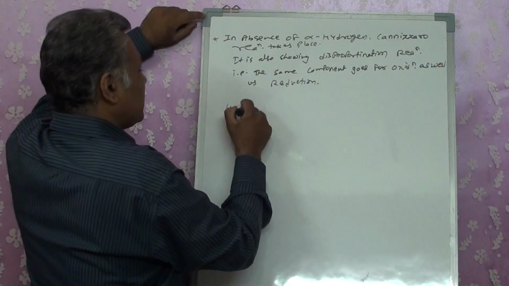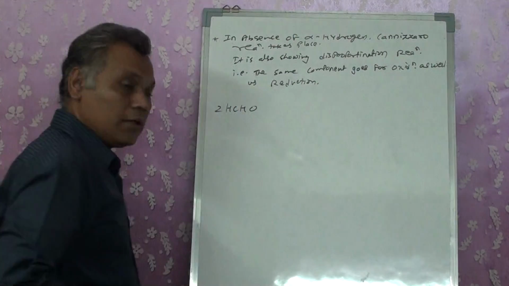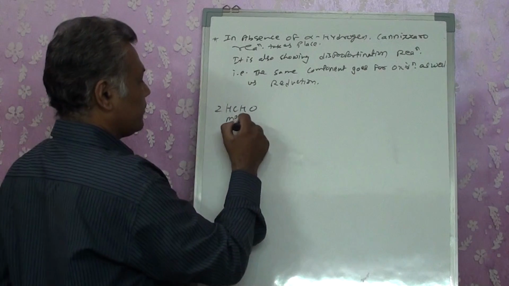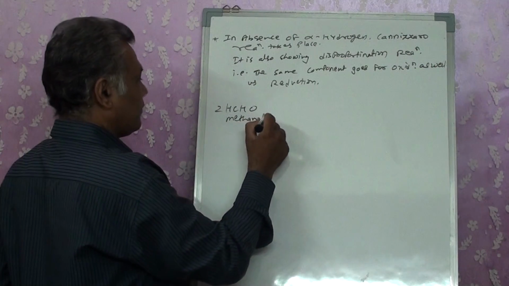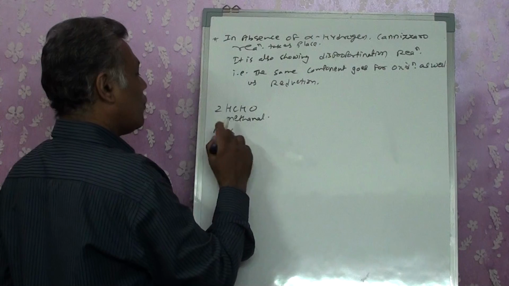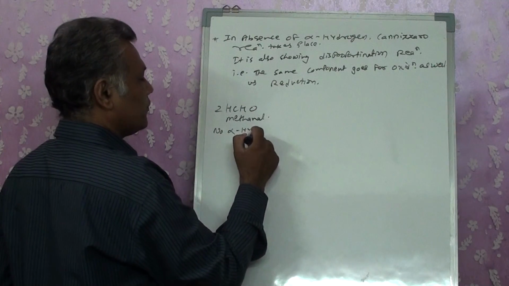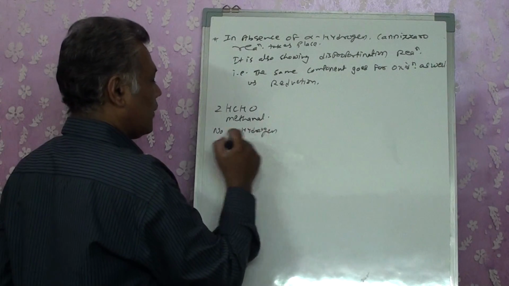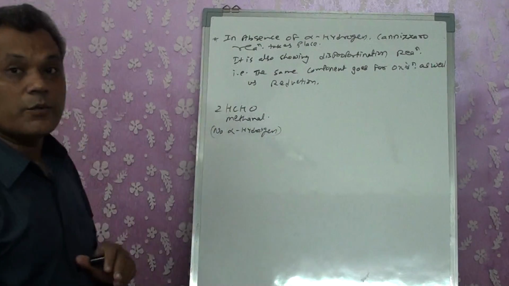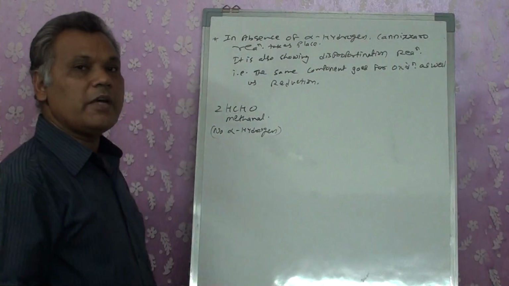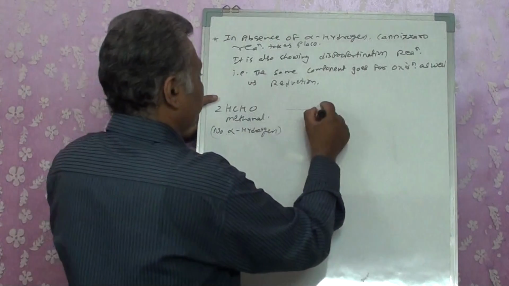If I am having HCHO, this is methanal. No alpha hydrogen. Does not have alpha carbon at all. Where will be the alpha hydrogen? So what will happen?